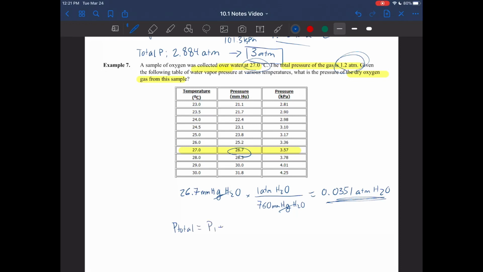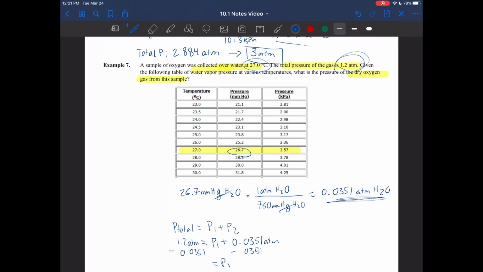If the total pressure is equal to all the individual gases, looks like there's only 2 gases here, oxygen and water, then let's use that total pressure, 1.2 atmospheres, to figure out the pressure of the oxygen if the partial pressure of the water vapor is 0.0351 atmospheres. So it looks like we just have to subtract that from both sides.